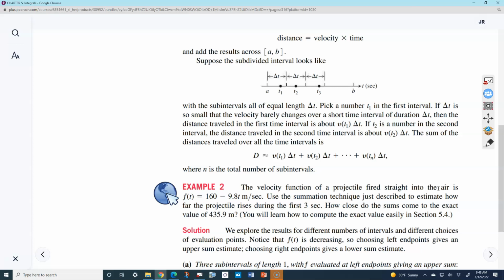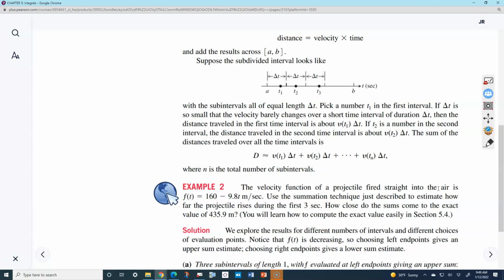It would be b minus a divided by that, right? So if this is 20 seconds and we want 4 time intervals, we would divide it by 5. Each little delta t would be 5, and we would end up with 4 subintervals in that case. Kind of with me so far?